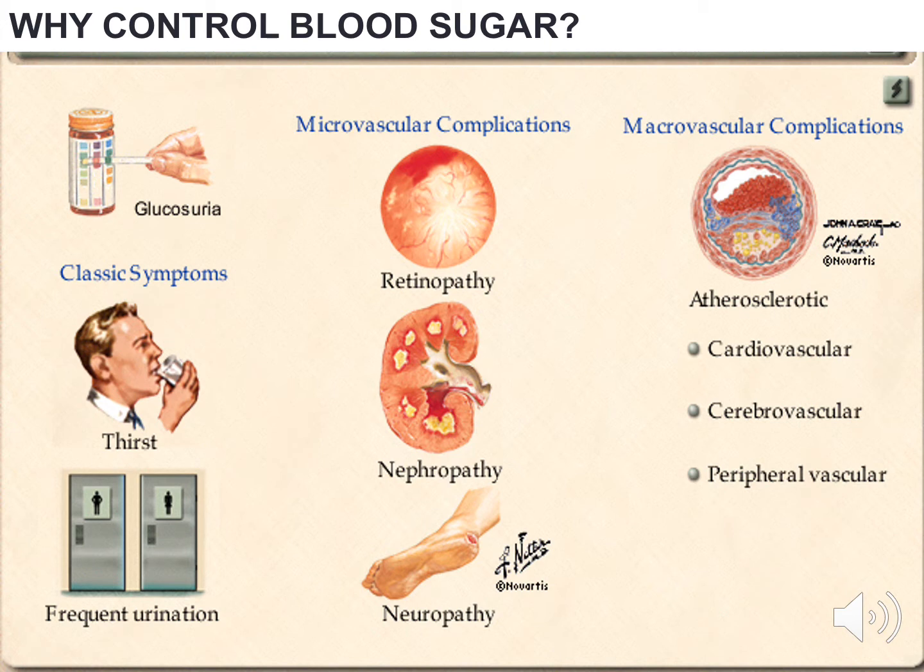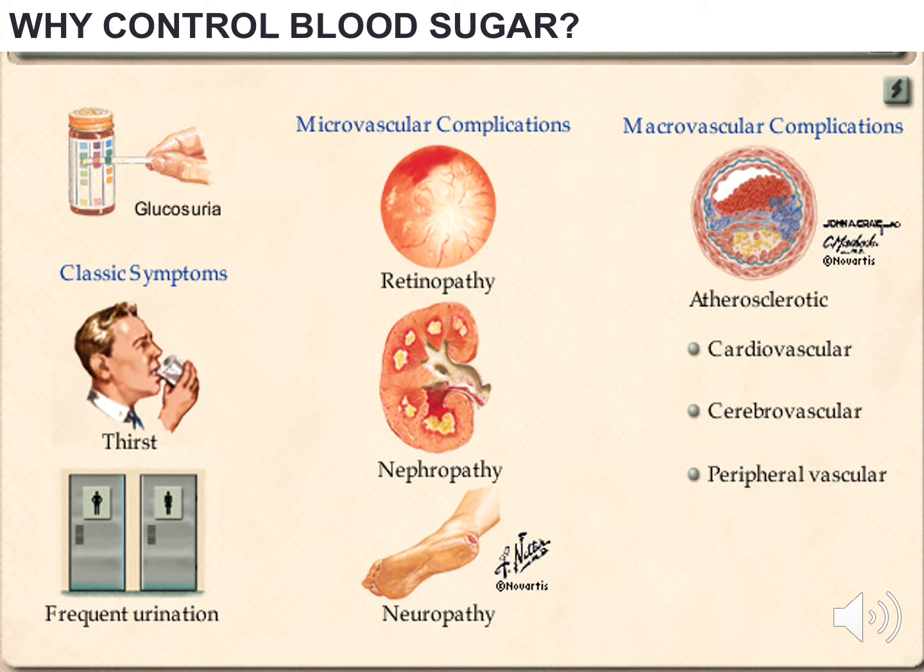Realize that glucose is an osmotic agent, meaning it attracts water. So when your blood sugar is high, it is excreted out in the kidney, and water follows. That's the reason why you urinate a lot. At night, you wake up to urinate. That's called nocturia.